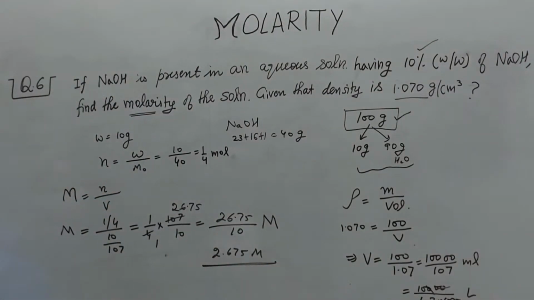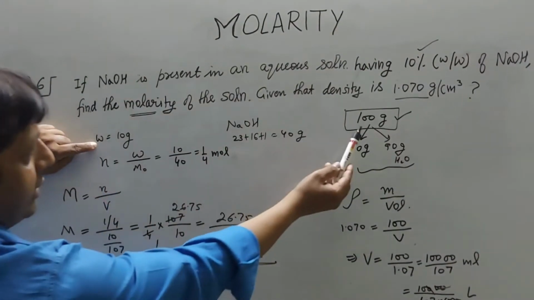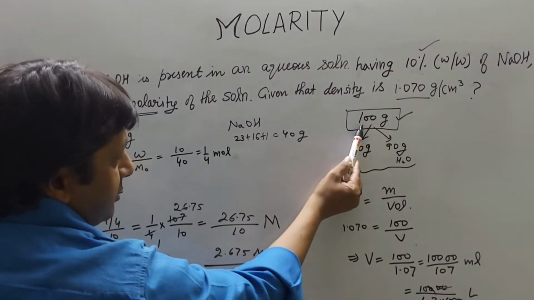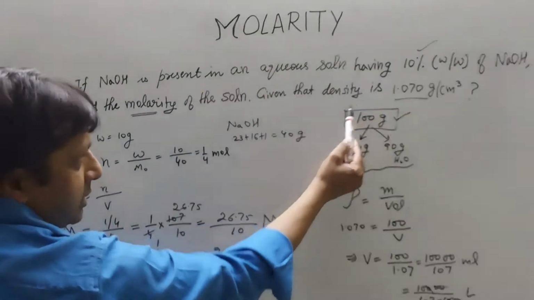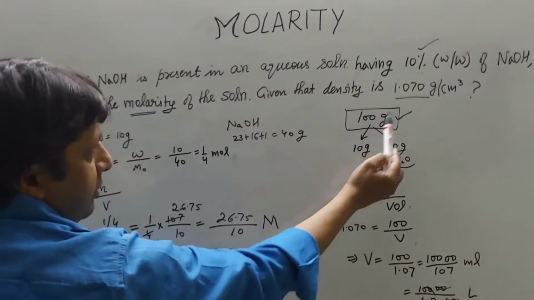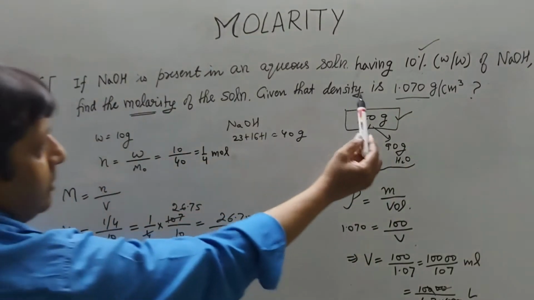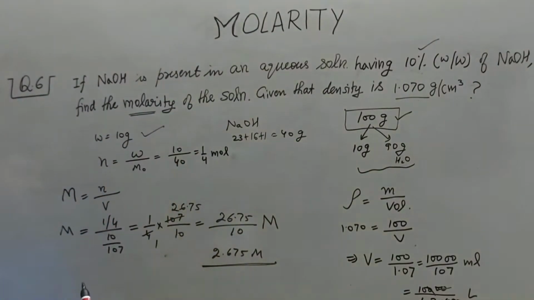Let us recap. Weight of the sodium hydroxide, due to 10%, we are considering 100 gram as the mass of the solution, 10 gram is sodium hydroxide, 90 gram is water. Total mass of the solution is given. On the basis of density we are finding the volume, and due to this 10% we are considering weight of the sodium hydroxide as 10 gram.